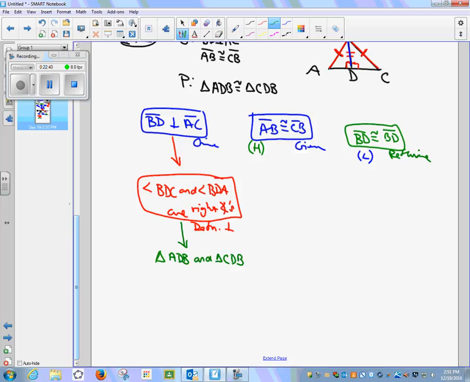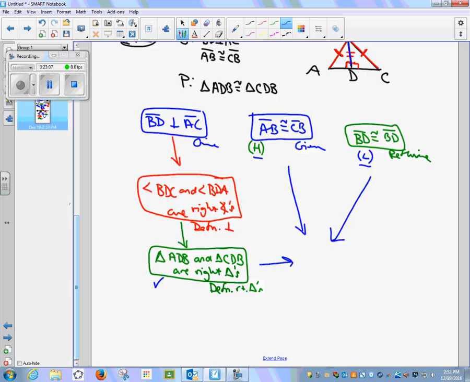Triangle ADB and triangle CDB are right triangles. What's the reason? Definition of right triangles. All right, now we got it. We have H to H, we have L to L, we have a statement that says they're right triangles. Now we can use HL with these three things and say triangle ADB is congruent to triangle CDB.